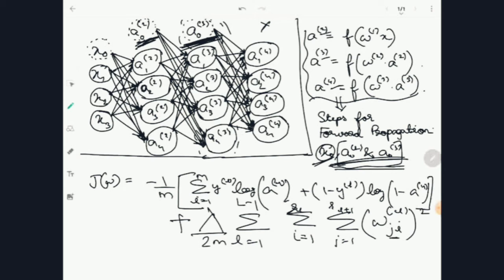This is the matrix index, and it does not include the zero terms, because as we know, we don't regularize the coefficient attached to the bias term. Okay, so this is the regularization term.